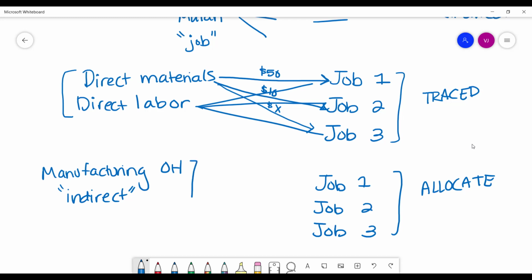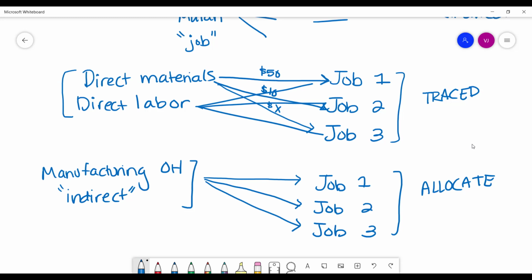You have all of this manufacturing overhead for the period, and we'll look at how we actually allocate that. Based on our allocation base and our POR, which we'll talk about as well, we figure out how much of the manufacturing overhead gets divvied up to each of these jobs in particular.